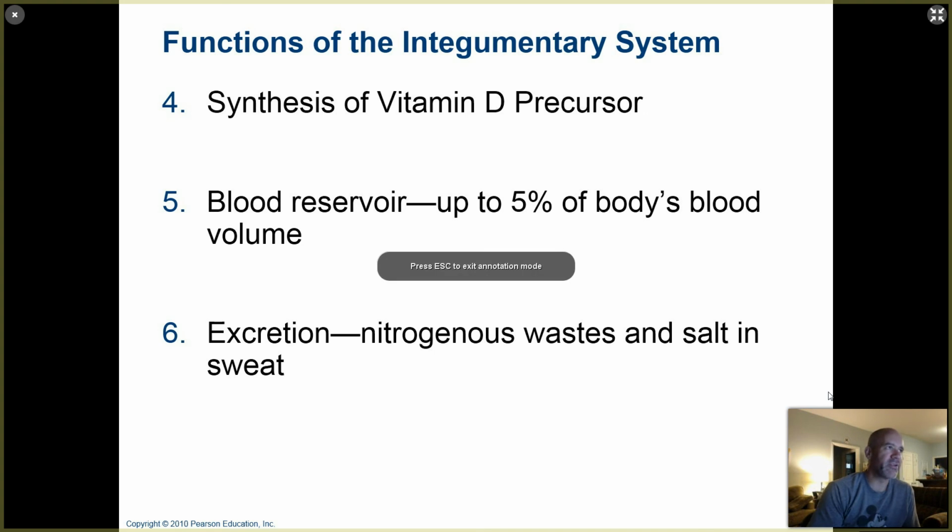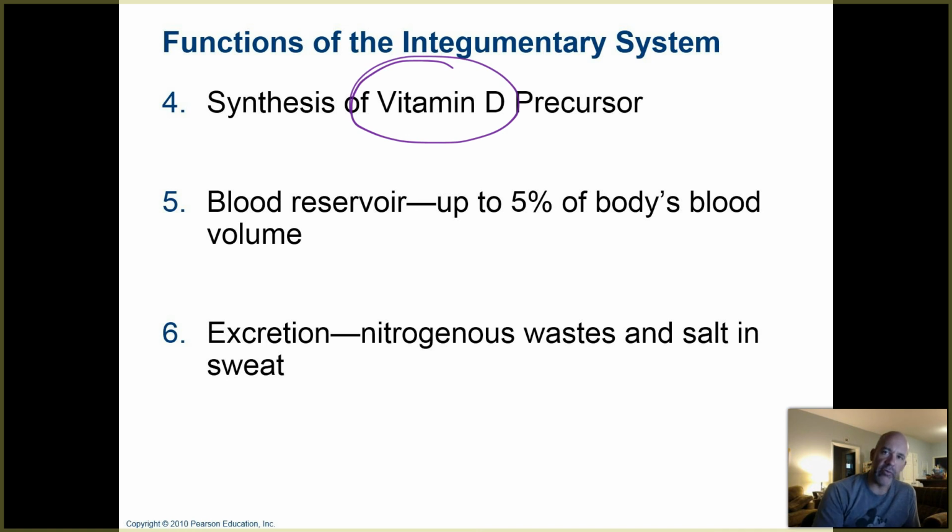All right, so some additional functions of the integumentary system. This is a very important one. Vitamin D: you've probably heard before that your skin makes vitamin D, and that is true. Vitamin D is made as a precursor, so that means it is like an immature form of vitamin D. It hasn't become activated yet.